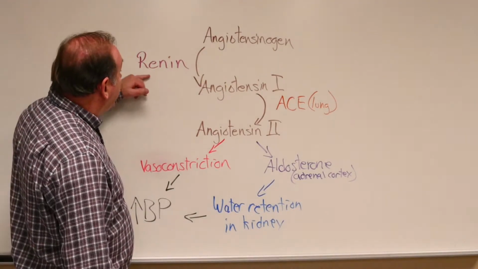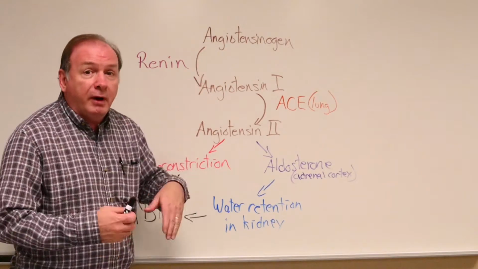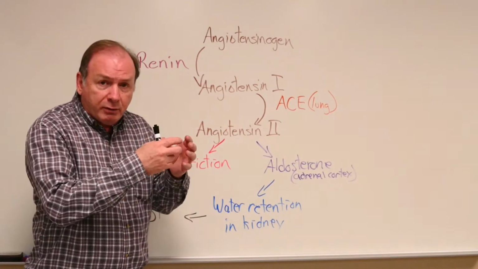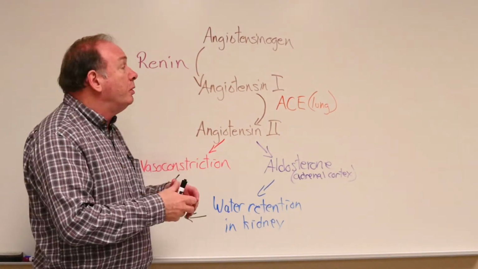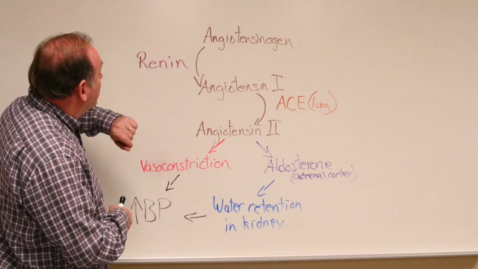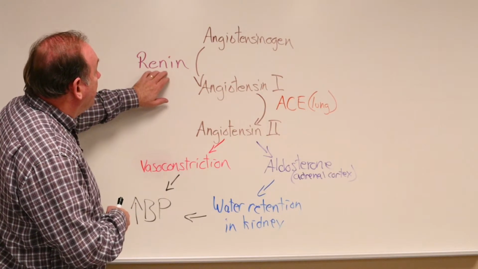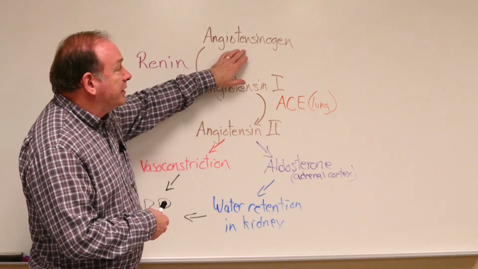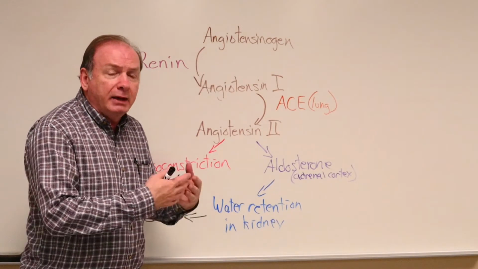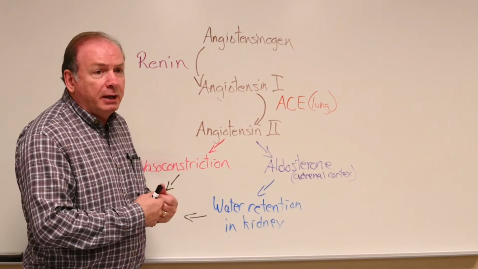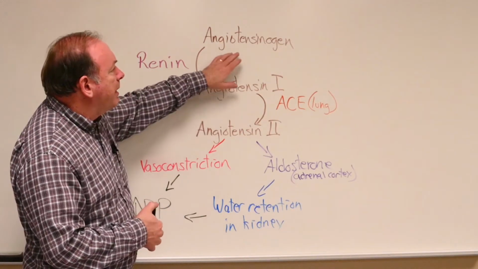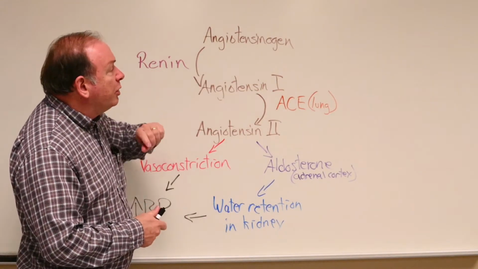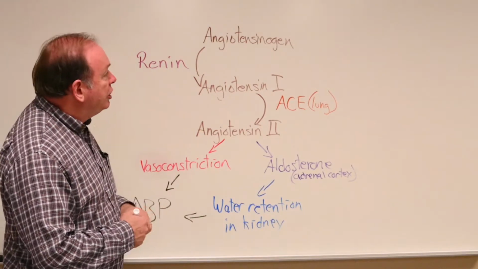All right, here we have the release of renin, remember, from the juxtaglomerular cells that wrap around the afferent arteriole of the renal corpuscle. So this chemical is released into the bloodstream. It has its effect on a protein that is circulating in the blood, produced primarily by the liver, angiotensinogen.